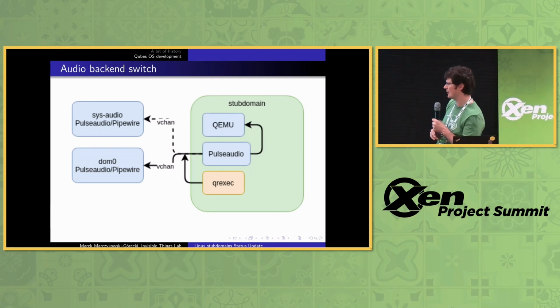This is very useful if you use some USB audio headphones, some Bluetooth or whatever, so you can switch dynamically. For the signaling of when to switch and where, we use qrexec, which is another Qubes-specific part. So it's basically an RPC mechanism.